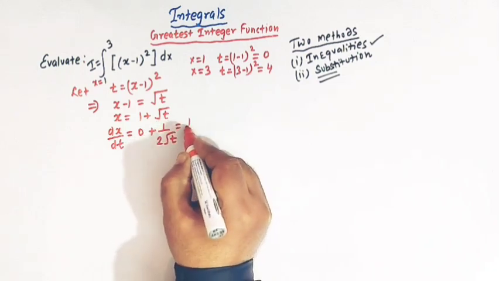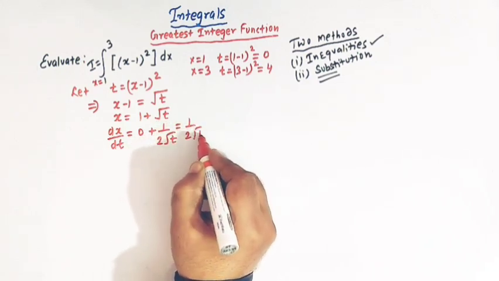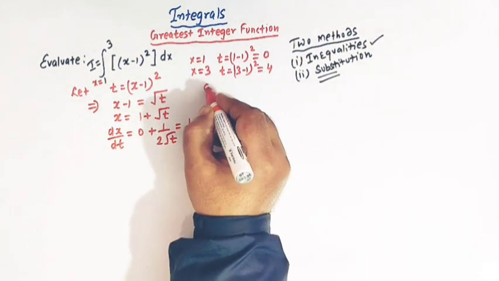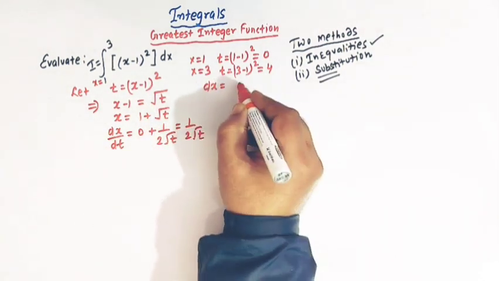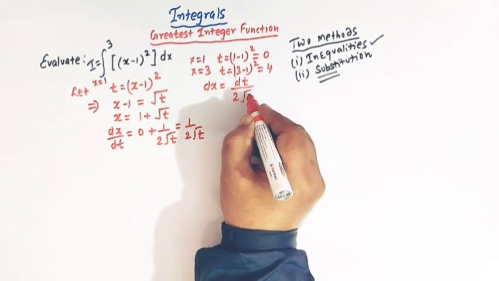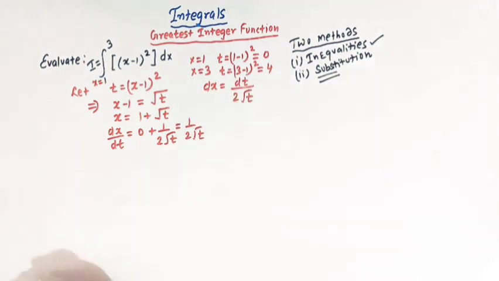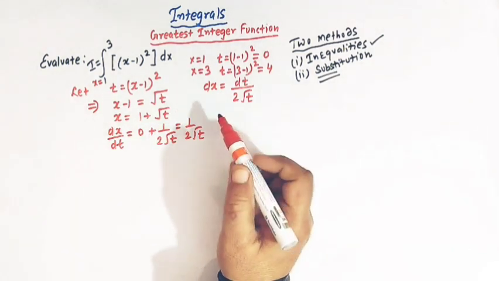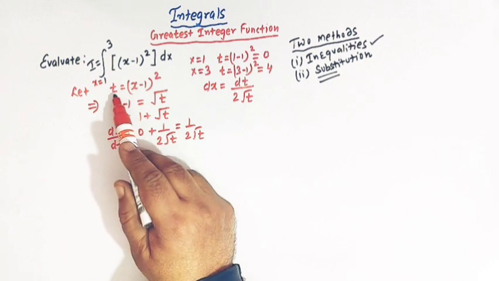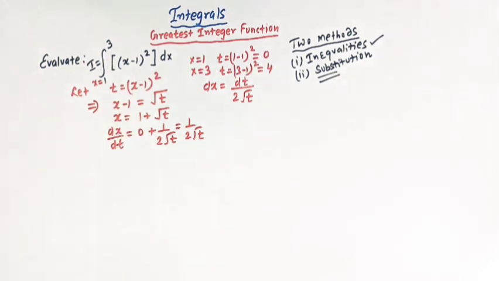So dx can be written as dt divided by 2 times square root of t. Now we are ready to convert this integral I in terms of the new variable t.